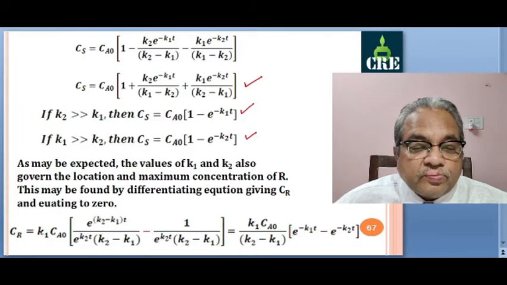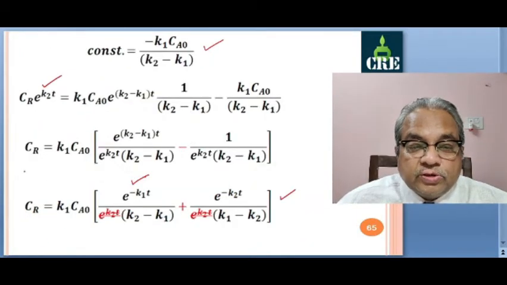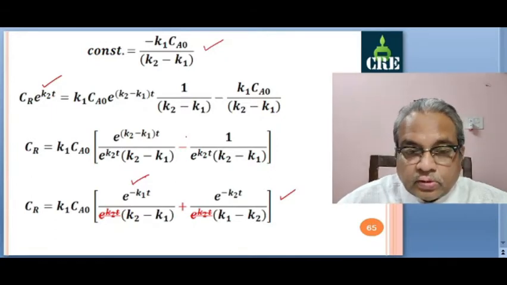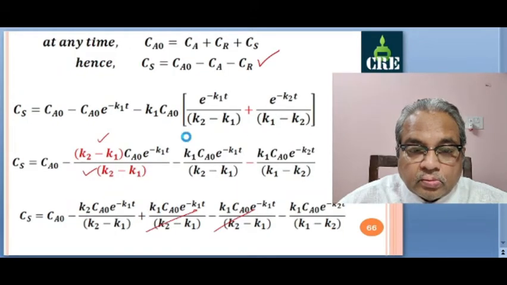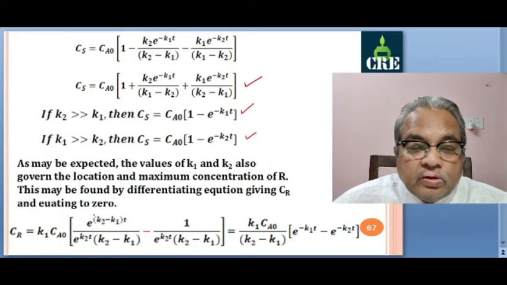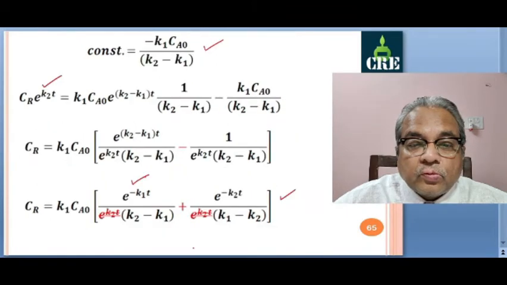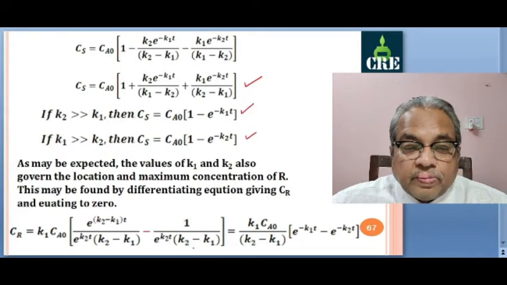So we know this equation, CR is equal to, I am using this expression where we have K2 minus K1 in the denominator and minus sign here. K1 CA0 e raised to K2 minus K1 by this minus 1 upon K2 minus K1. Okay, so this equation we are using.